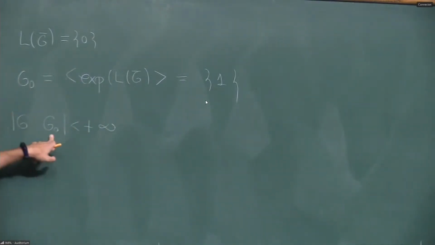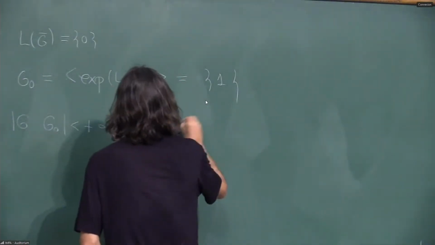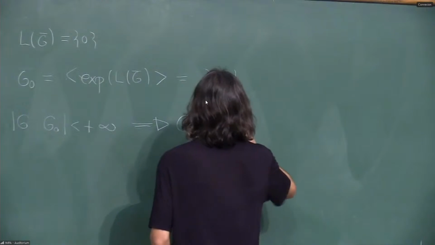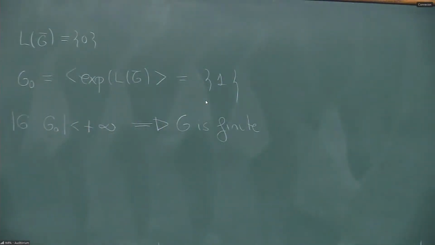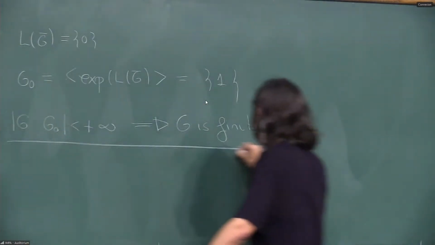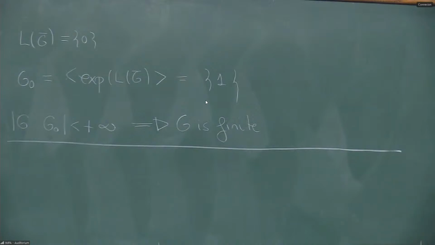And since G0 is trivial, G is finite. So, okay, it's a very simple proposition, but the idea is we are able to prove this without doing calculations. We don't have a proof in which we have to study different cases for the Fj's. I think it's interesting, even if the result itself is not going to win any prize.